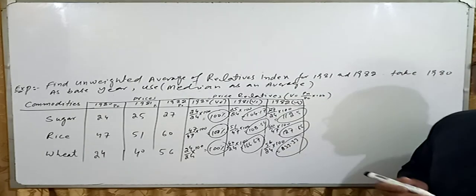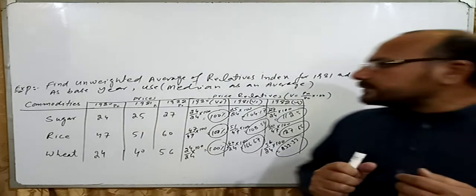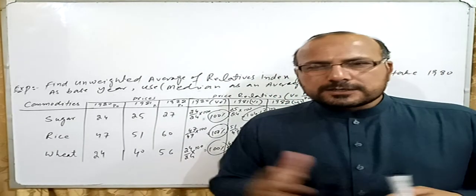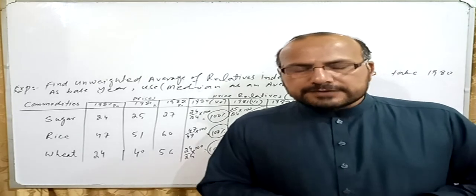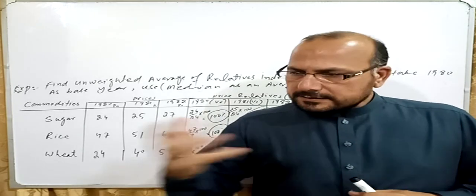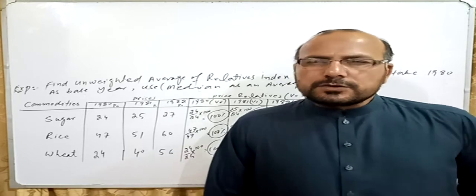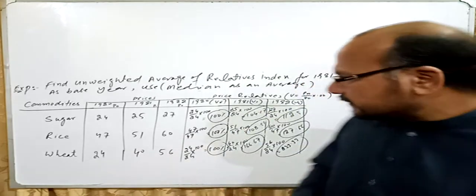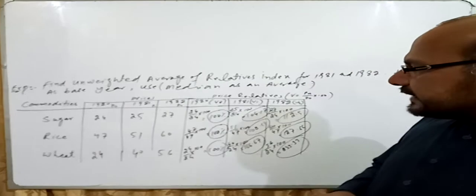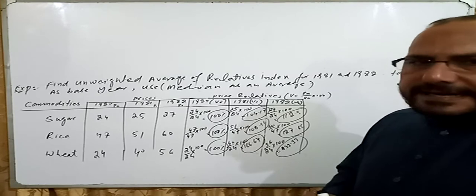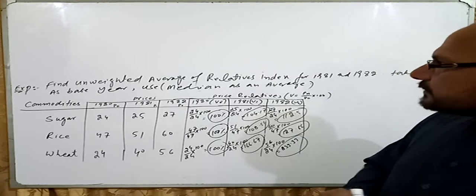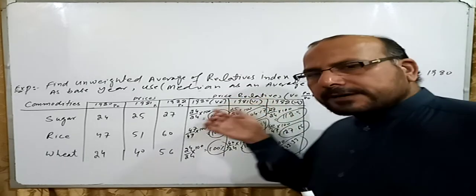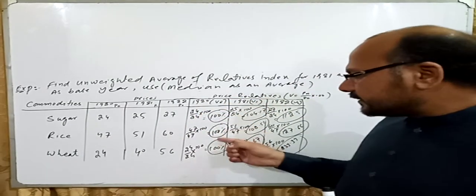As you remember from the calculation of median, whenever we have ungrouped or simple data, first we need to arrange the items in ascending or descending order. So for the base year 1980, first we have to arrange the items in ascending or descending order.